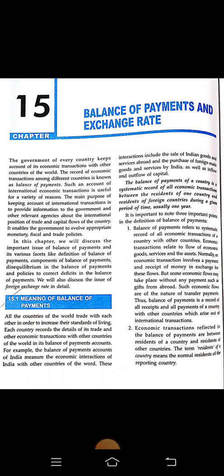Thus balance of payments records all receipts and all payments of a country with other countries which arise out of international transactions. Okay, the next point we need to keep in mind is that economic transactions in the balance of payment are between residents of a country and residents of other countries. The term residents of a country means normal residents of a reporting country. Next, point number 3, that is, balance of payment is a flow concept.